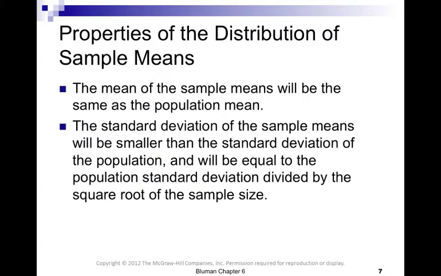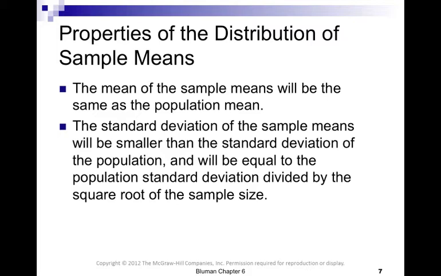Now, properties of this distribution of sample means. What we're going to see is the mean of the sample means, the average of the sample averages. If you take all the sample averages and list them and then average that, that's going to be the same as the population mean. And the standard deviation of those sample averages or sample means is going to be smaller than the standard deviation of the population.